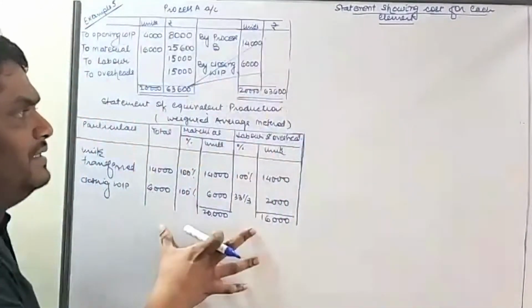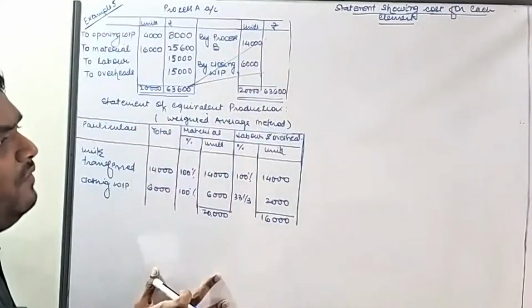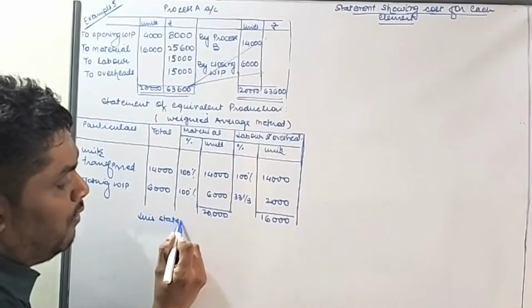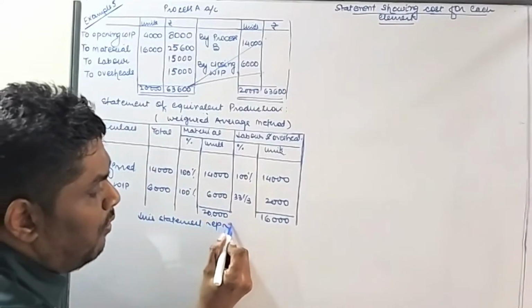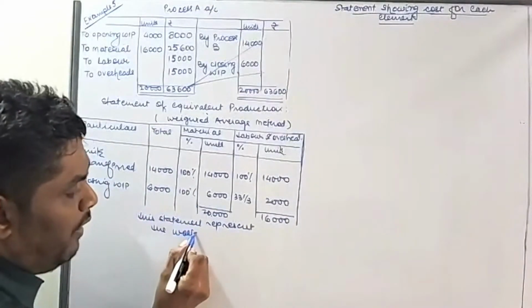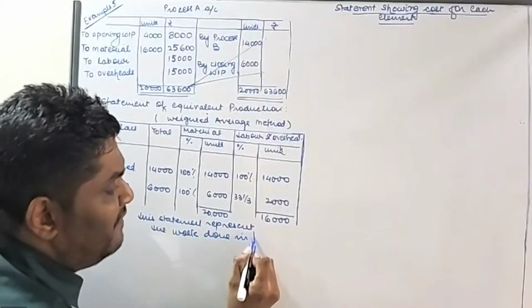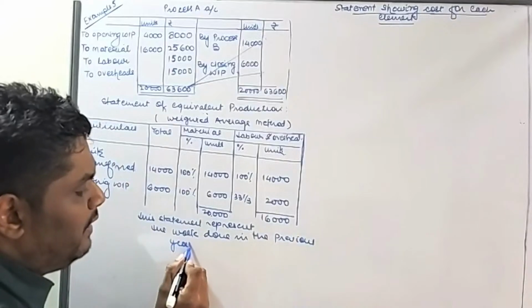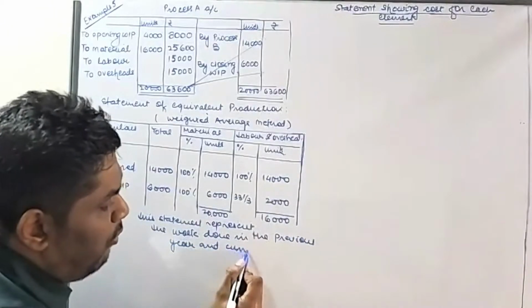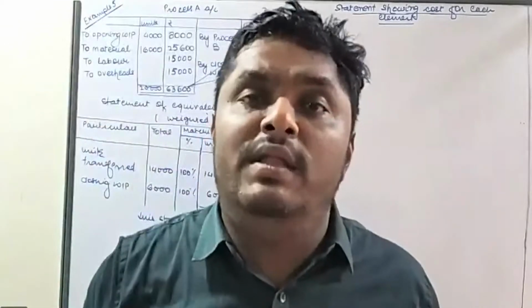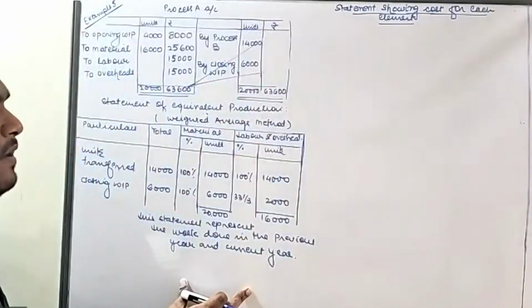But in this statement, that is statement of equivalent production in respect of weighted average method, this statement represents the work done in the previous year and the current year. ये स्टेटमेंट क्या रिप्रेजेंट करता है? टोटल काम कितना हुआ है इन द प्रीवियस ईयर एंड द करंट ईयर. So we have got the equivalent number of units.